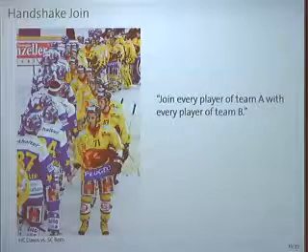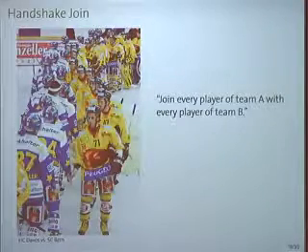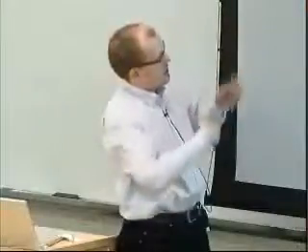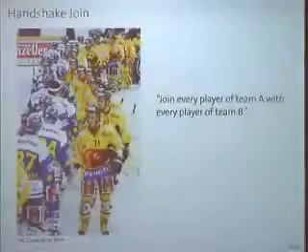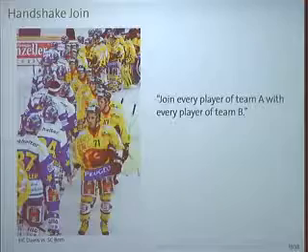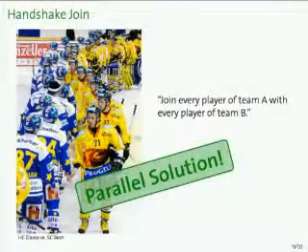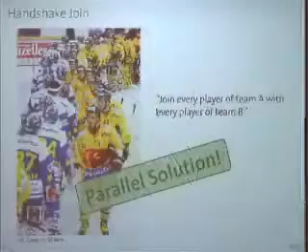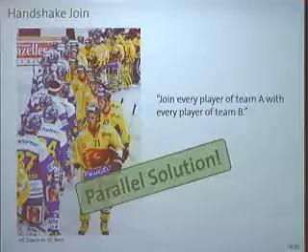So here's what happens. The players in blue walk in this direction, the players in yellow in the other direction. You can see there are many parallel handshakes going on at the same time. That's one thing. So we can declare, well, that's obviously a parallel solution. This picture has more insight, because you can see here that all this interaction is local.